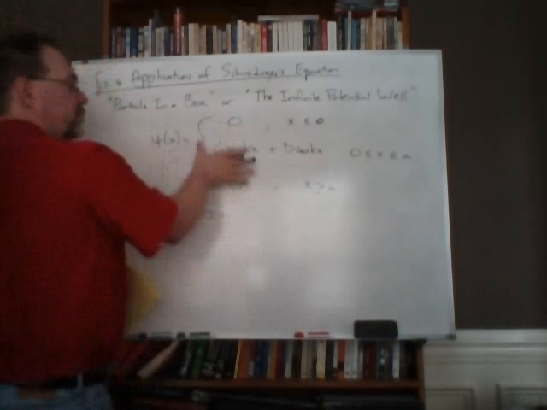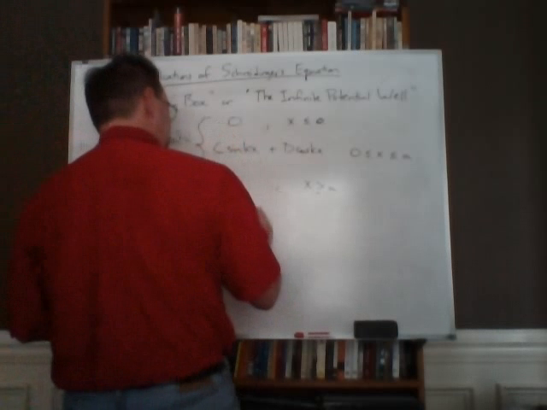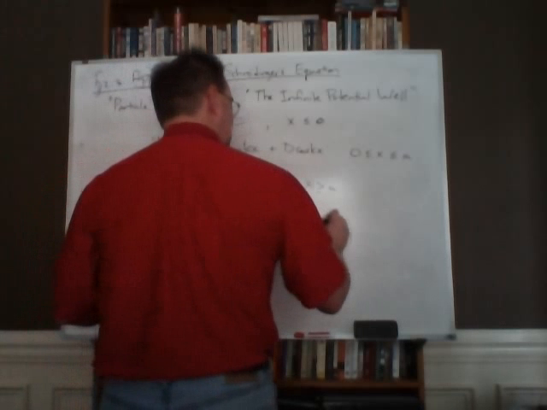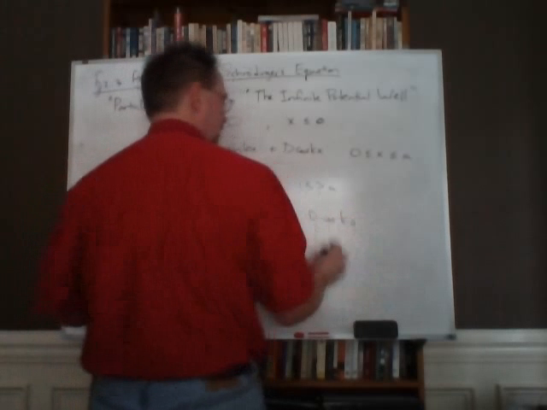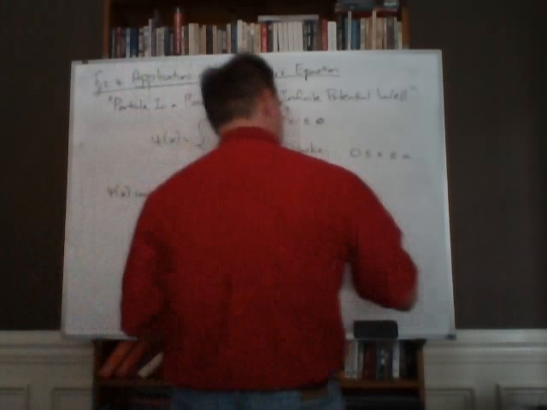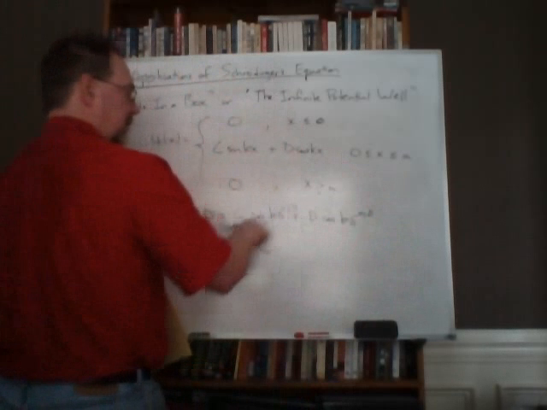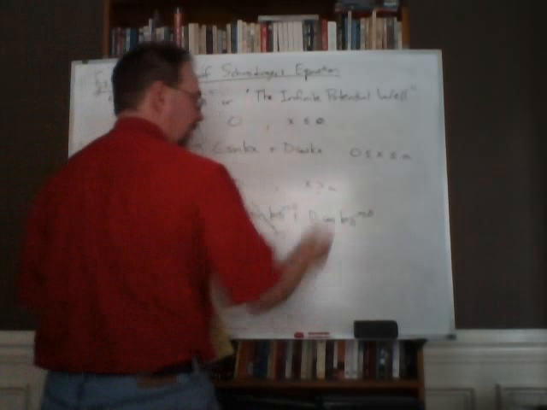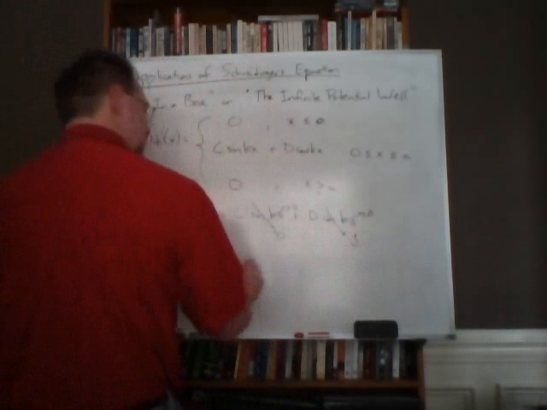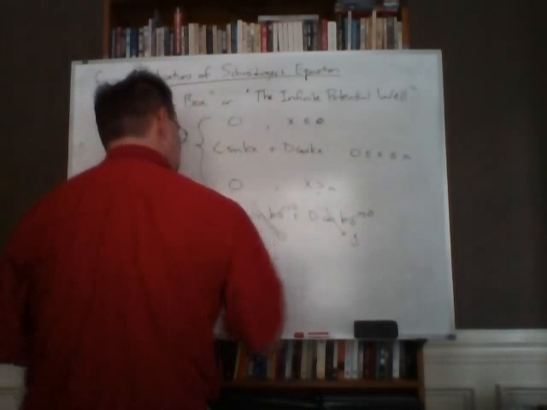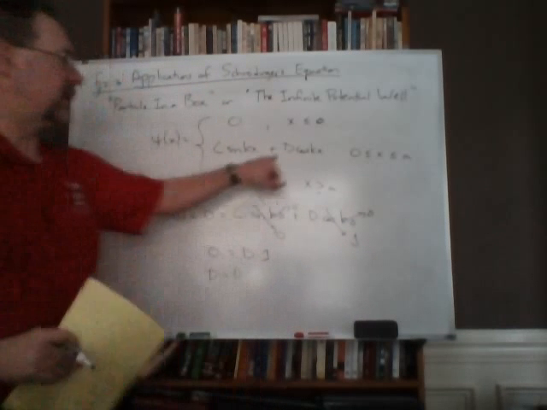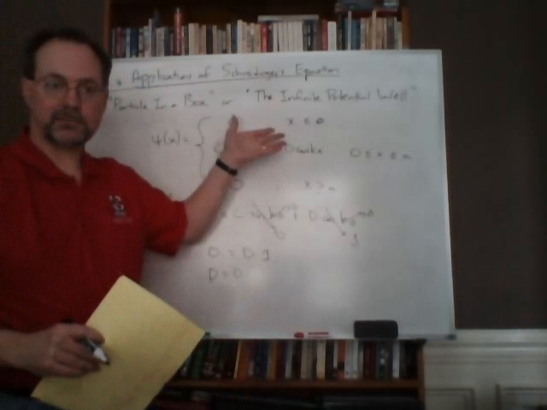And then region 2, that's going to be C times sine of k times 0 plus D times cosine of k times 0. Well, k times 0 is 0. Sine of 0 is 0, and the cosine of 0 is 1. So this gives us 0 is equal to D times 1. So D, this factor, is equal to 0.